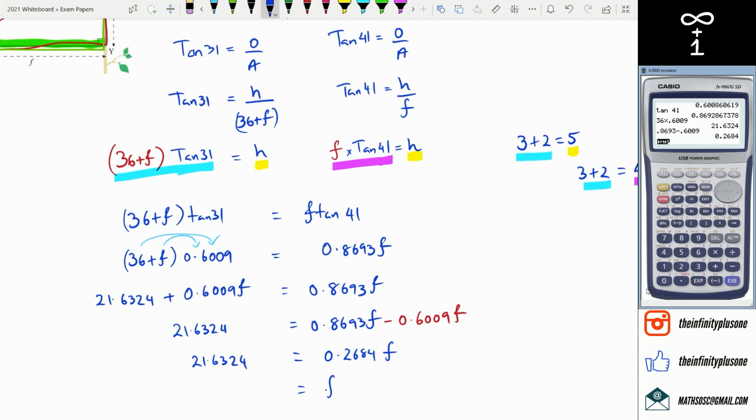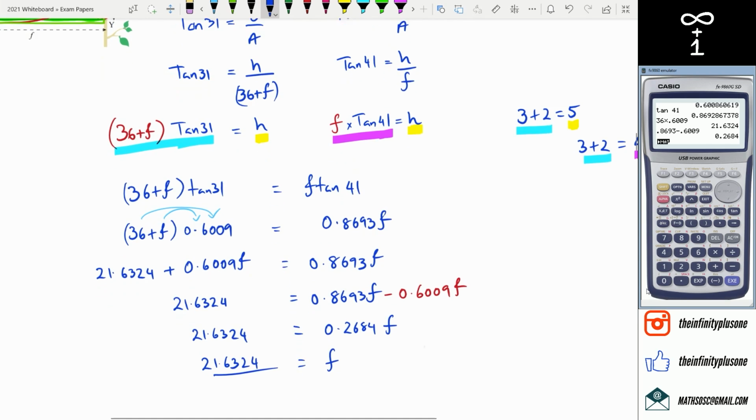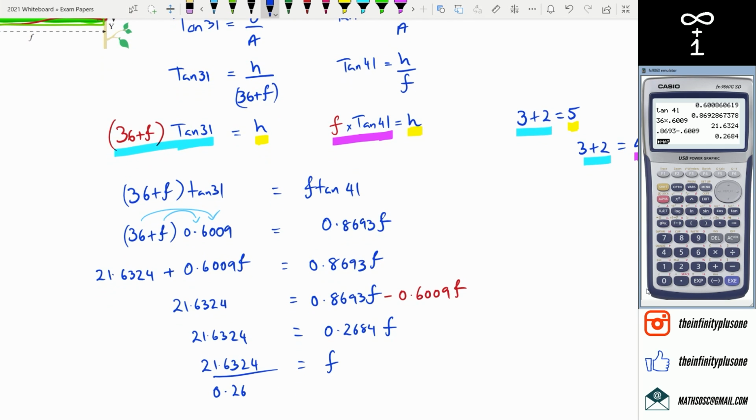And then we can say that F is equal to 21.6324 divided by 0.2684. So 21.6324 divided by answer gives me 80.59 centimeters.